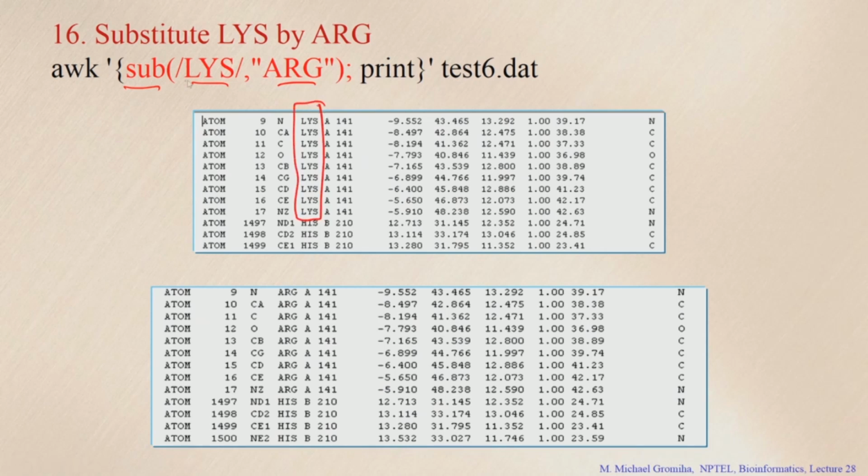To change this to arginine, you give this command, awk, where this is the pattern action statement. SUB is your substitution from LYS. So, in this case you have to put the slash wherever you find the LYS, you will change it to arginine. So, here you see this one LYS into arginine, this is one example, but you can do the manipulation for different files at different places. What if you want to make any changes, like this replace command.